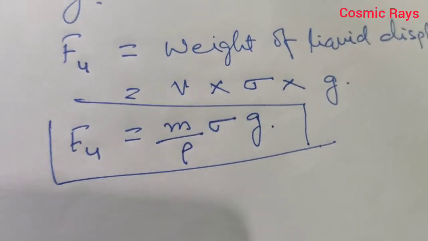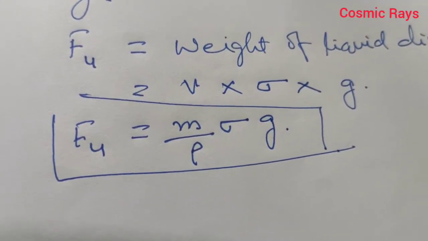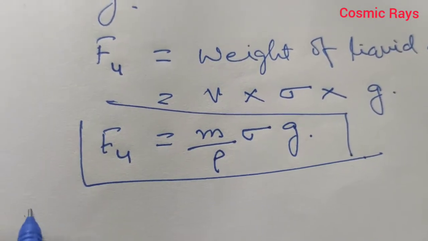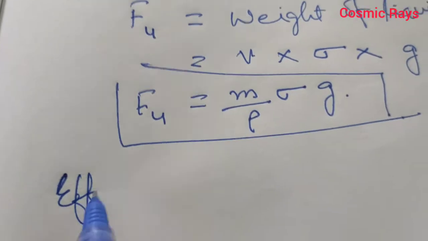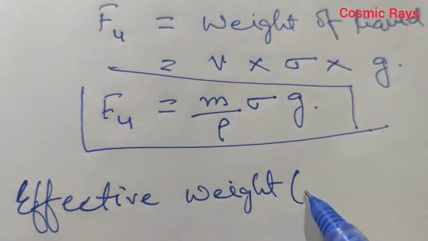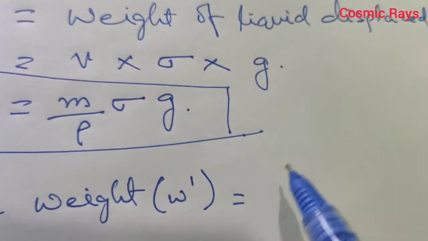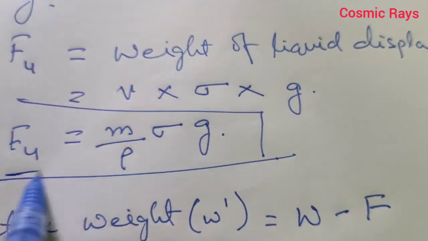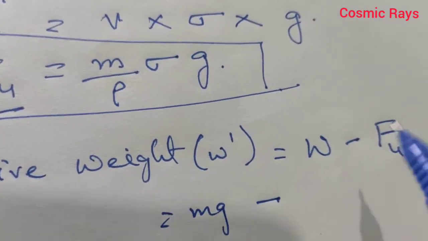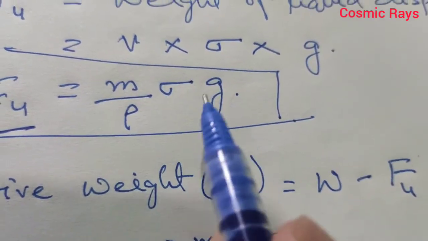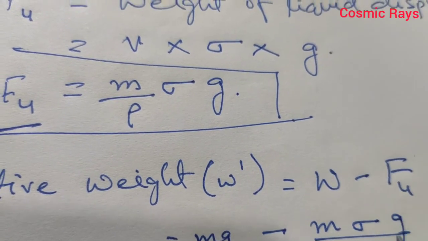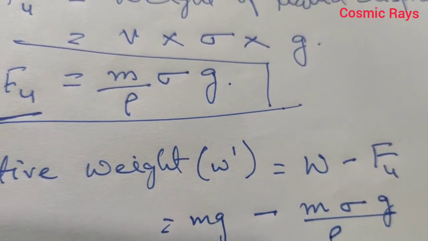The weight that we are going to feel if the body is immersed in a fluid, we call it apparent weight or effective weight, denoted as W prime. That is going to be the actual weight minus the upward buoyant force. So that is mg, the actual weight, minus mass of the object multiplied by the density of the liquid multiplied by the acceleration due to gravity, divided by the density of the object.